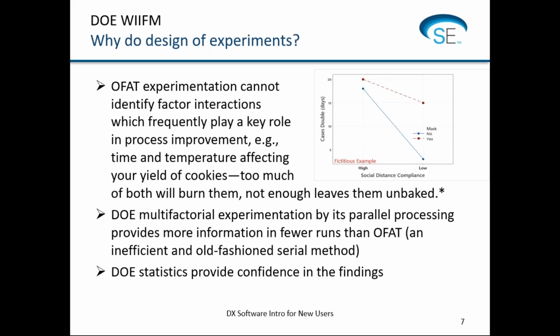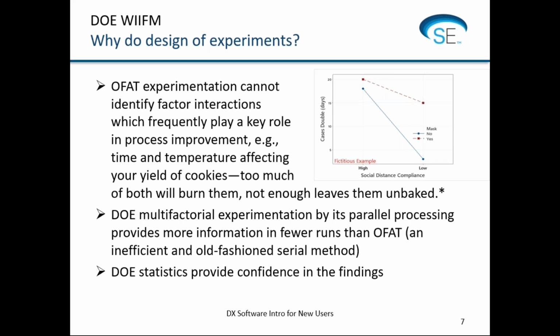On the other hand, if we're not socially distant, so the social distance compliance is low, then the impact of wearing a mask might be very, very high, okay? There's an interaction taking place. So the impact of one factor, say the mask, depends on the set point of another factor, the social distance compliance.